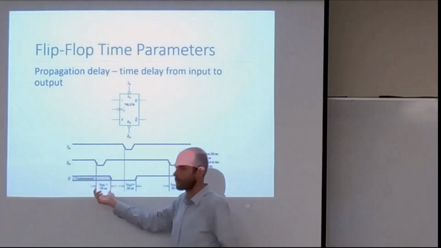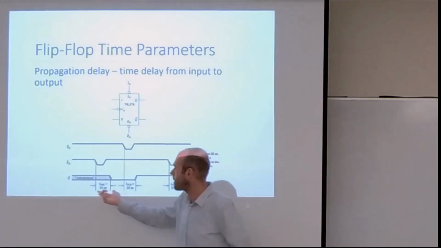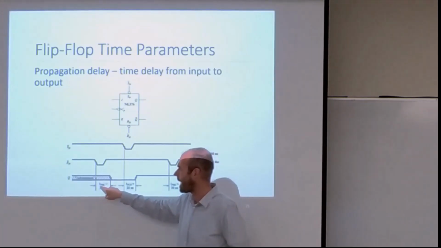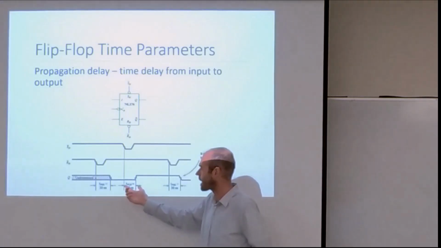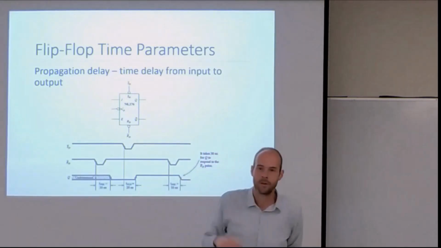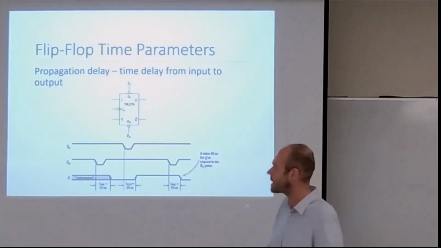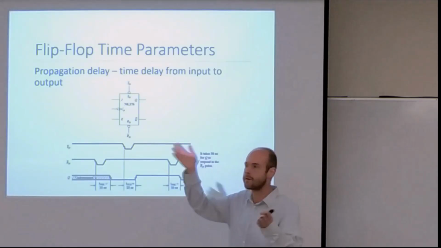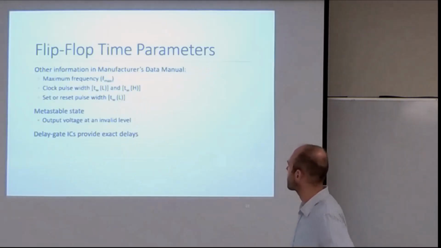Usually there are separate propagation delays given in a manufacturer's data sheet: propagation high to low, with a subscript t PHL, or propagation low to high, t PLH. So different propagation delays for which way the output is changing, but in both cases, there's a little bit of delay between inputs and outputs. We've highlighted that already, but just to refresh.